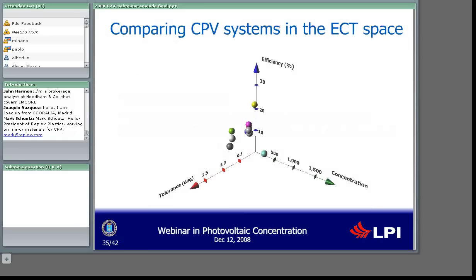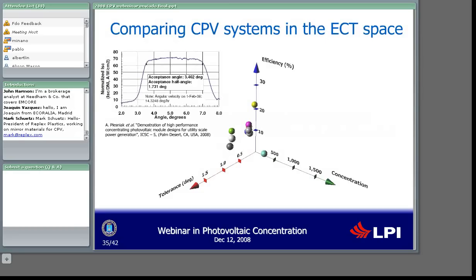Here we have taken several published data of different concentrator designs from different manufacturers, and we have set them in this chart for comparison. This is an example of one of the systems corresponding to one of the points in that cloud.